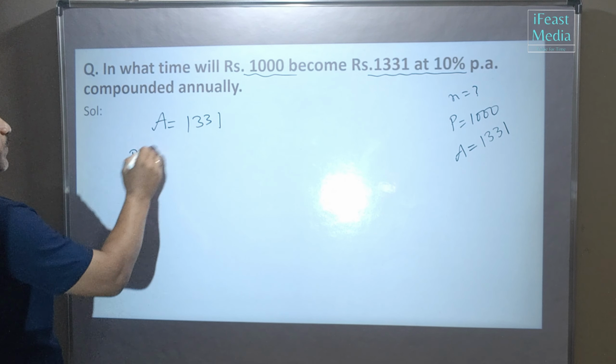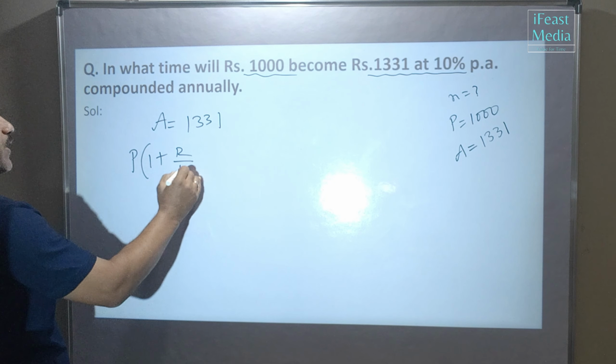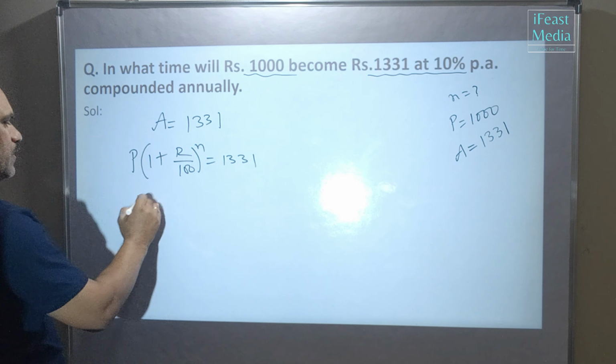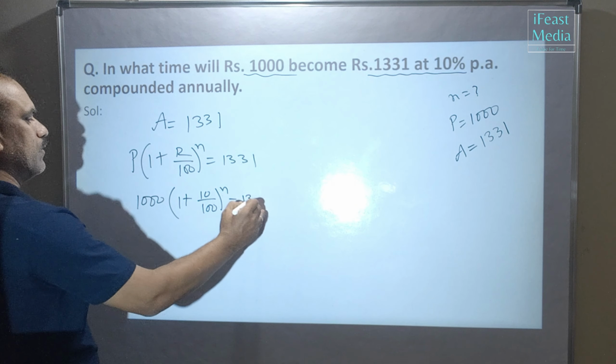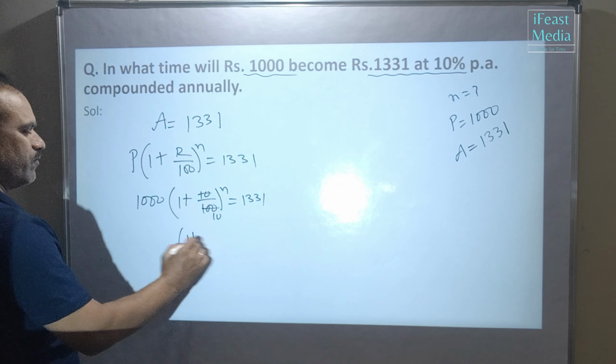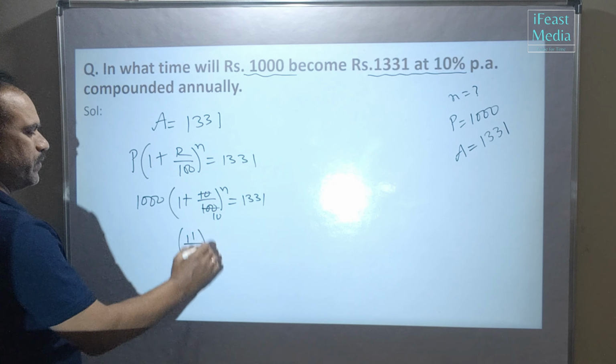What is the formula of amount? P into 1 plus R by 100 whole power n is 1331. What is P? 1000. 1 plus, what is R? 10. What is n? Unknown. So it is 1 plus 10 by 100, that is 11 by 10 whole power n, equal to 1331 by 1000.